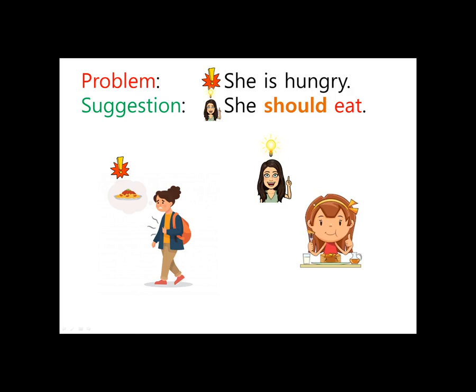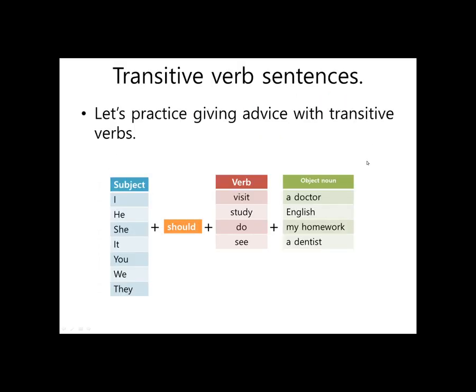And don't forget, she has a choice. She can not eat and stay hungry, or she can eat and be happy. So we say she should eat. So those are examples of using should with an intransitive verb with no object.